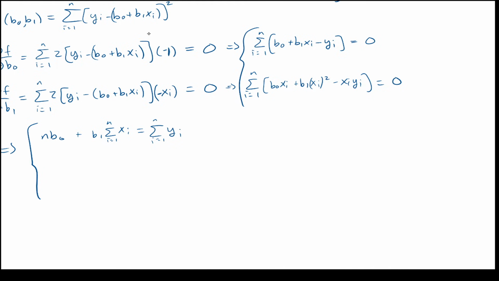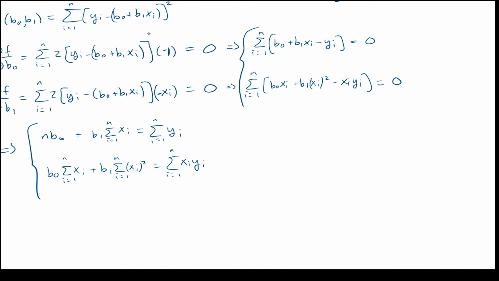And then down here we get b0 times the summation i equals 1 to n xi plus b1 times the summation i equals 1 to n xi squared equals the summation i equals 1 to n xi yi.